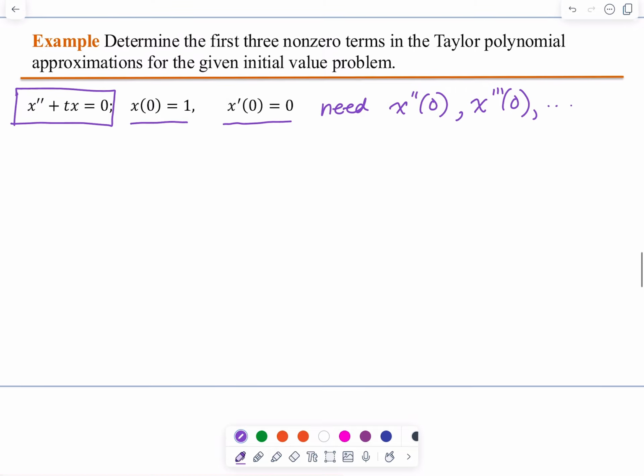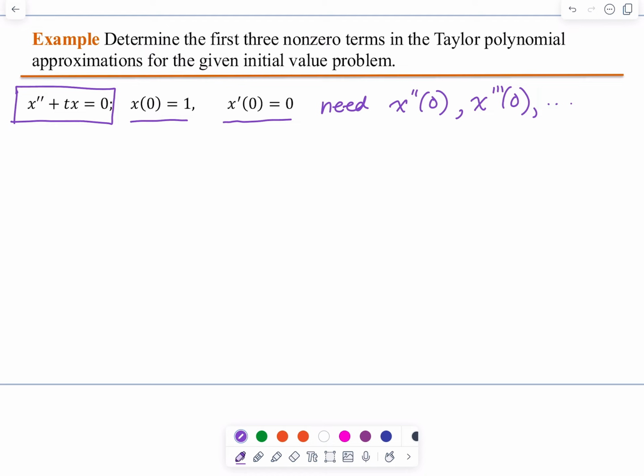So we do have x prime of 0 to be 0, and that's going to give us a term of 0. So let's see what we need here. Let's first go ahead and write x double prime of t is equal to the opposite of t x of t. Okay, and that's going to help us a little bit.